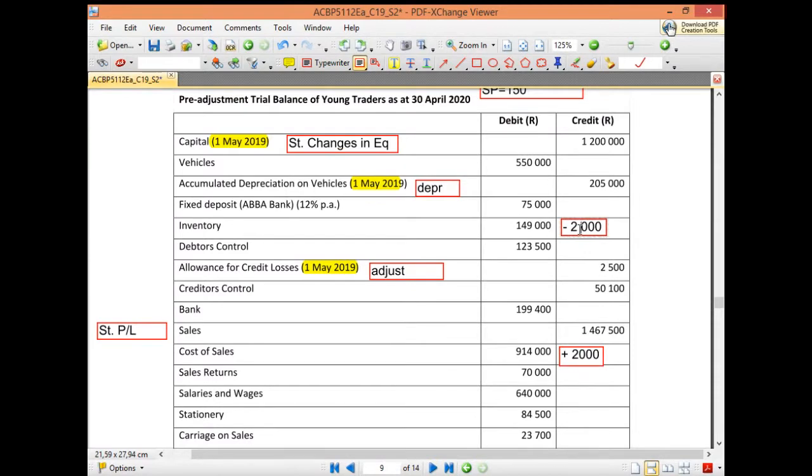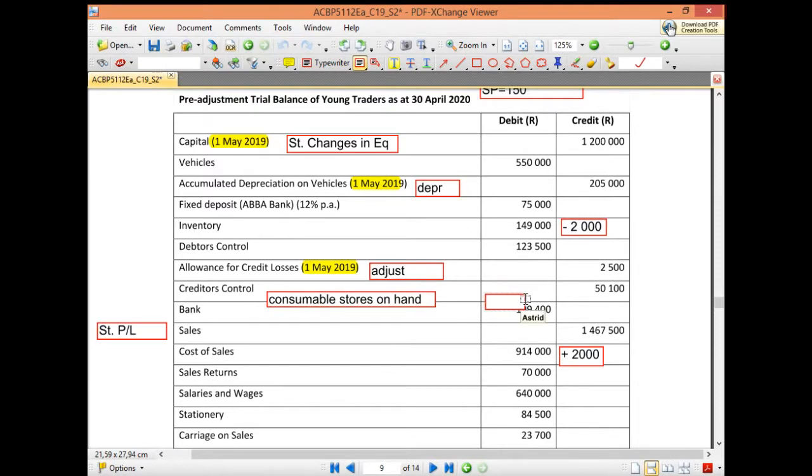Then we also, based on the information, they've told you that stationery on hand is 4,500. So that means we also need to include an amount here. So it's normally consumable stores on hand. Now remember, you don't have to do the balance sheet portion of it, but I'm just doing it to show you the full amount.